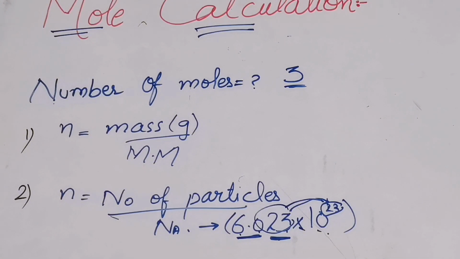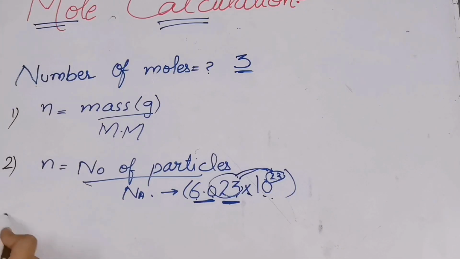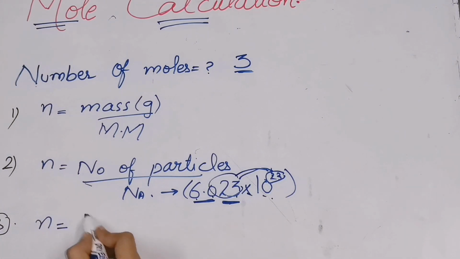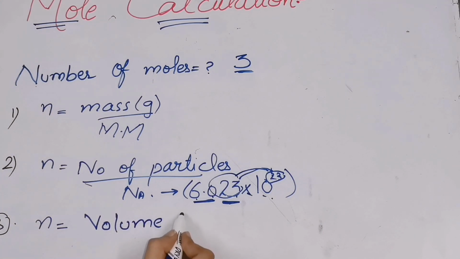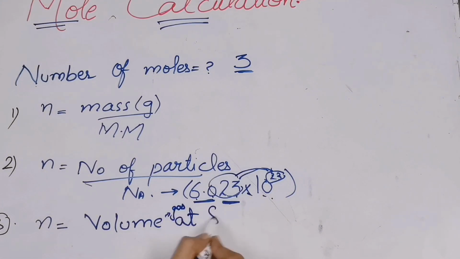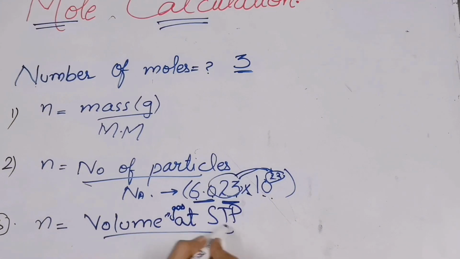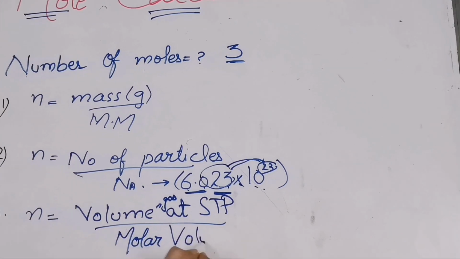And what was the third formula? The third formula was related to the number of moles and volume at STP. We learned that number of moles is equal to volume of gas at STP divided by molar volume at STP.